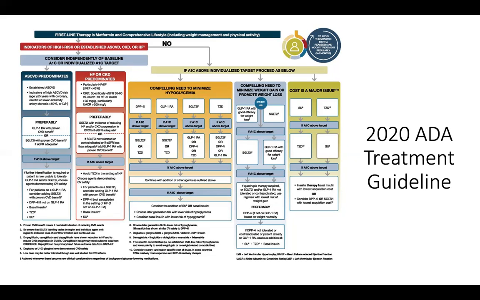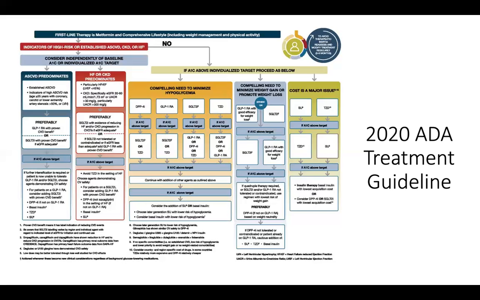For example, if you have a patient with a history of cardiovascular disease, selecting a GLP-1 receptor agonist with proven cardiovascular benefits is preferred. On the other hand, if you have a patient with a history of chronic kidney disease or heart failure, selecting an SGLT2 inhibitor is preferred in preventing heart failure hospitalizations and providing renal protection.